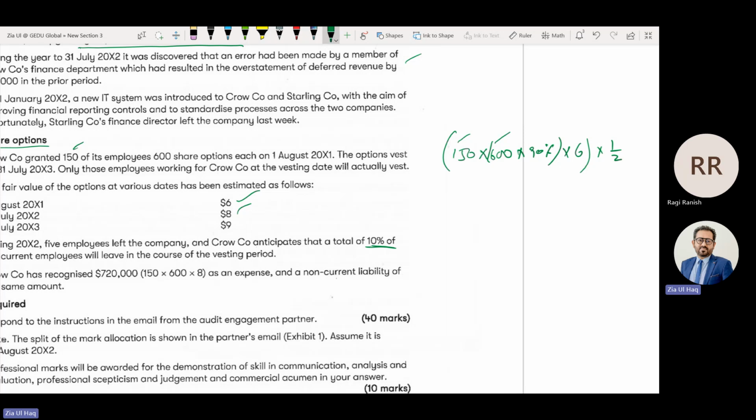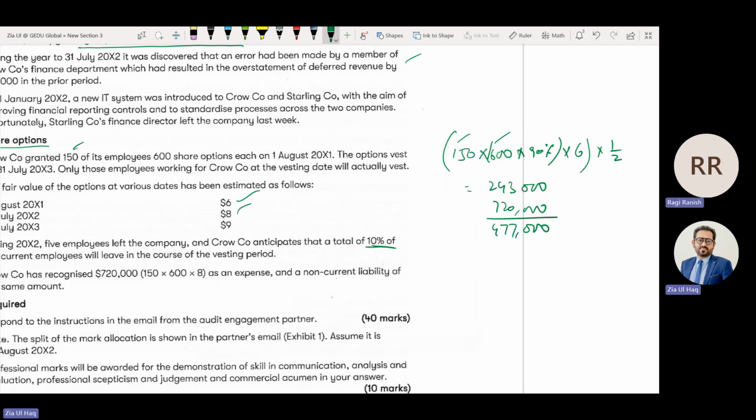Then you calculate the amount: 243,000. They have recorded how much? 720,000. By how much is it overstated? 477.